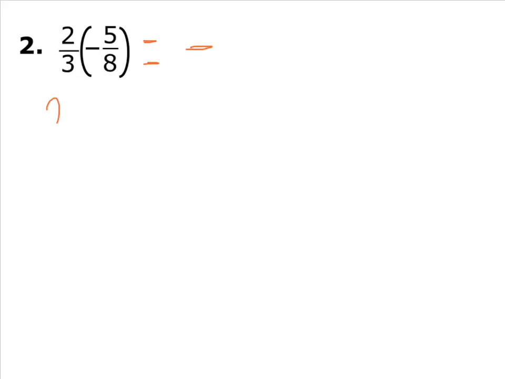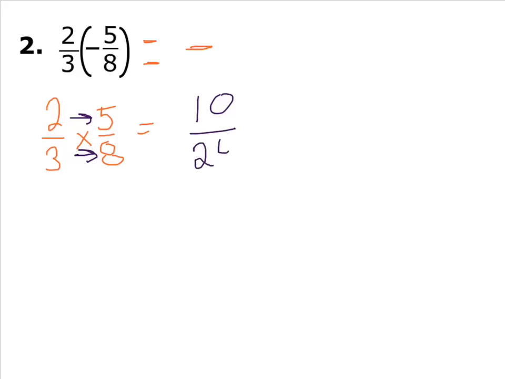So, we're going to have our 2/3 times our 5/8 equals, another reminder here, whenever we're multiplying fractions, we multiply straight across. So, 2 times 5 is 10, 3 times 8 is 24. So we end up with 10 over 24.